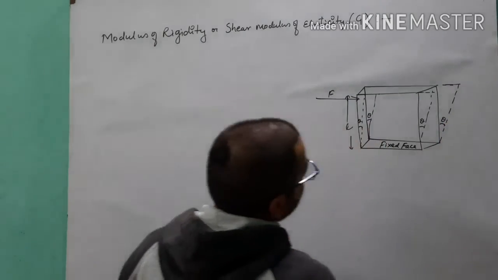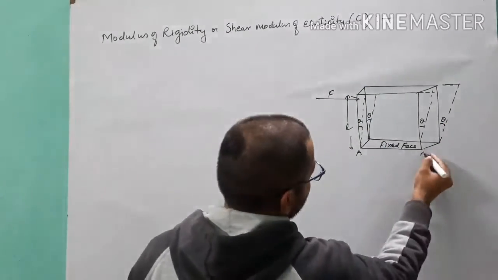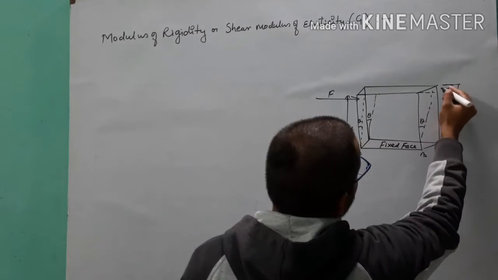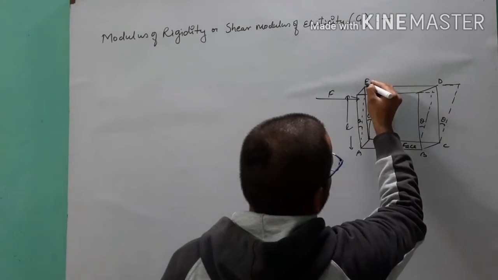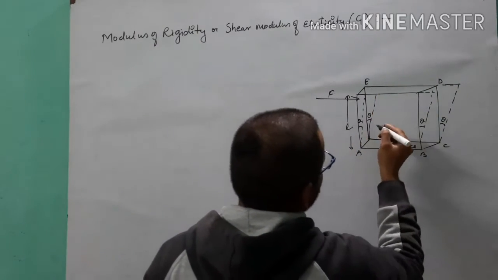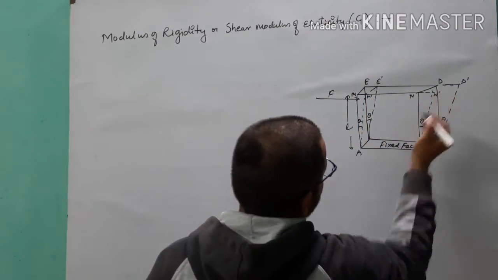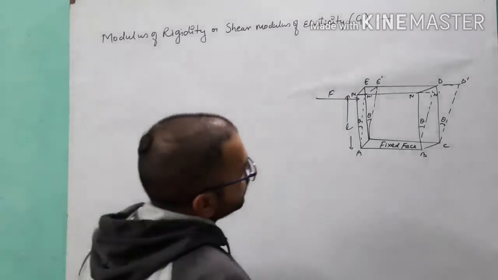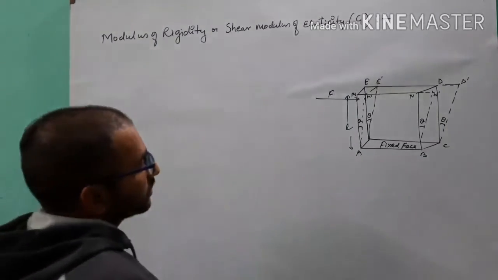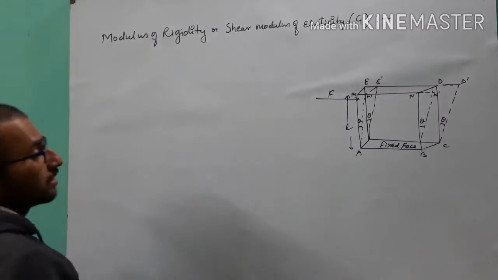So here, if I write A, B, C, D and E, then M to M dash, N to N dash. Point clear? These are some points I have drawn for the calculation.